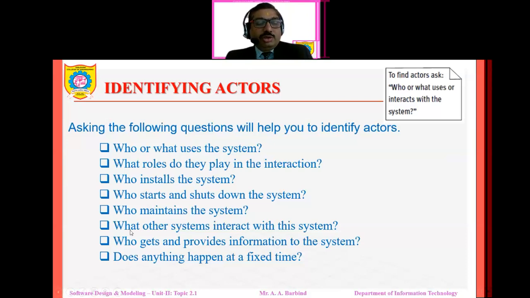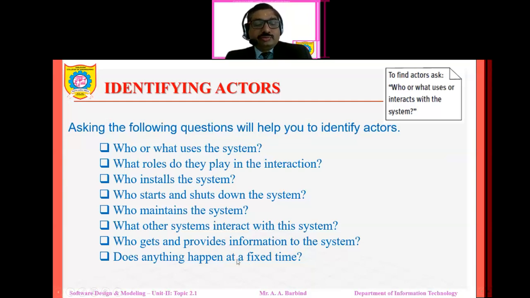What other systems interact with this particular system? In the answer to this particular question, probably you will be getting non-human actors which are interacting with your system. Then who gets and provides information to the system? Does anything happen at a fixed time?